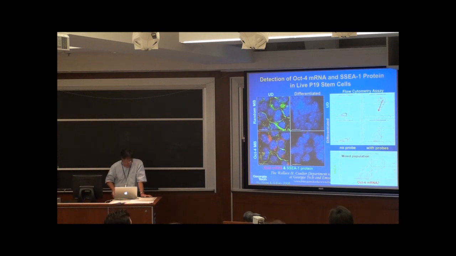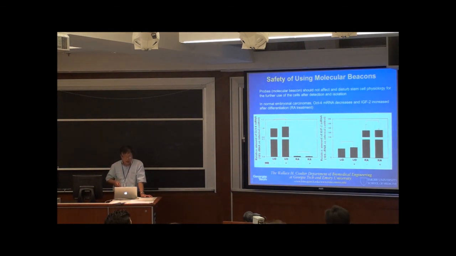One issue biologists often ask us about is, if you deliver molecular beacons into stem cells or other cells to isolate them, what are the consequences of doing so? Because the probe itself may influence, for example, stem cell biology. So we checked that. We had two assays with stem cells, one with beacons and one without beacons.